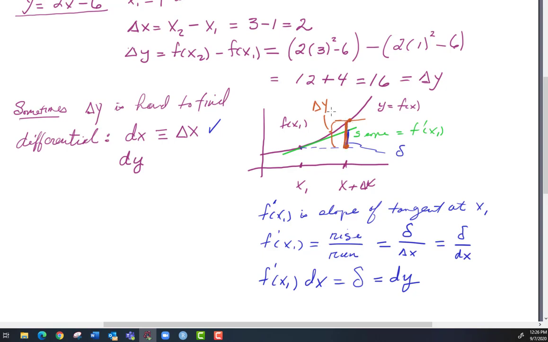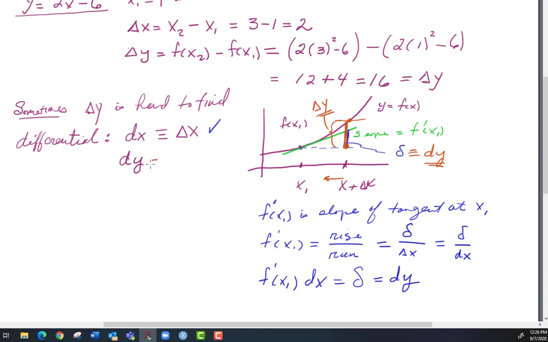That distance is delta y, and this distance is dy. And they're not the same, but they're close to the same. And I think you can also appreciate if delta x is smaller, then this point would be moving back in this direction, and the difference between dy and delta y would be even less.